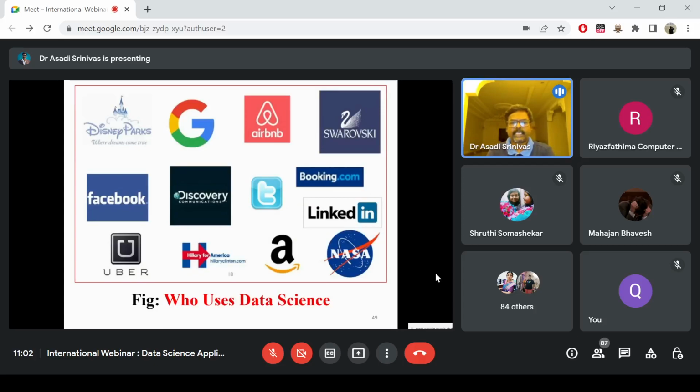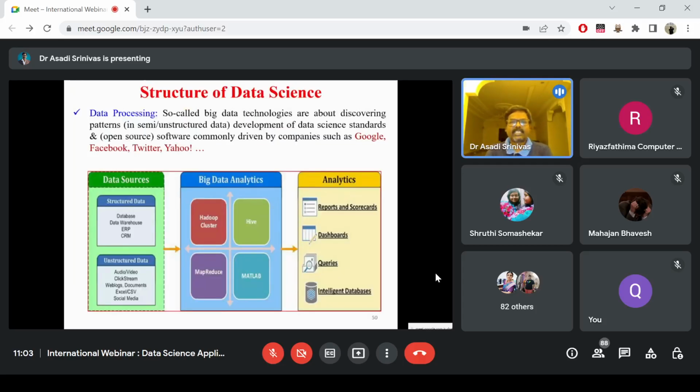Who uses data science? If you see the diagram, Google uses data science concepts, tools and techniques. Facebook, Amazon, LinkedIn, NASA, Uber, Booking.com, Airbnb, Disney Parks, various MNCs are using these data science tools and techniques. And what is the structure of data science? There are 3 tiers.